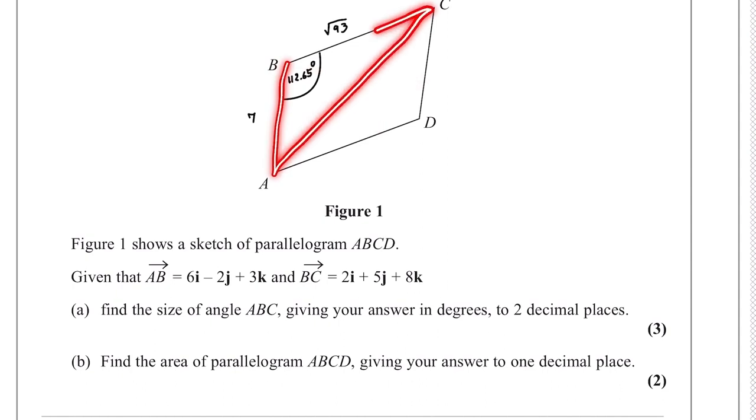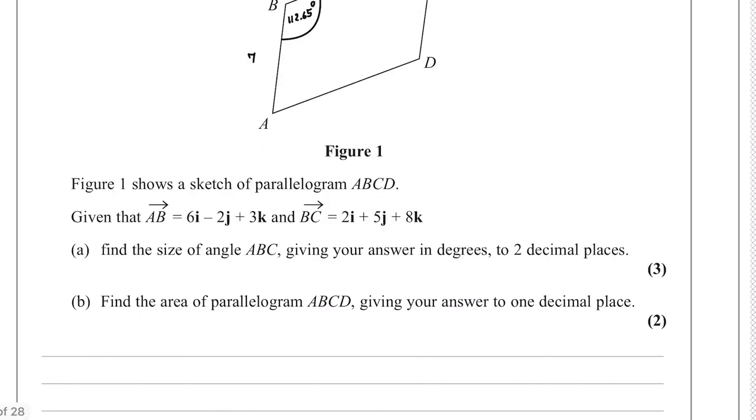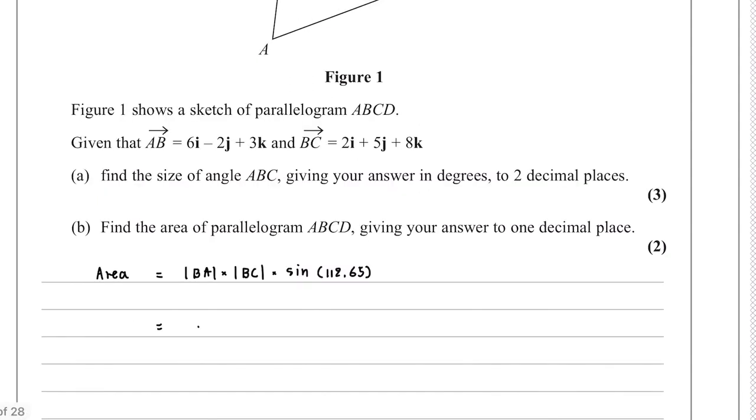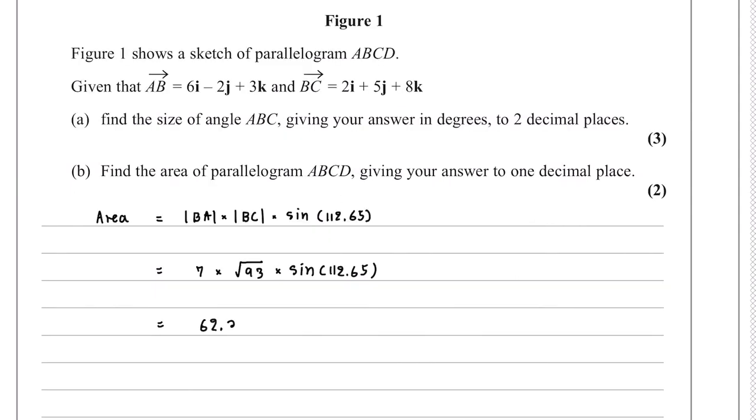For this triangle, we can just use 1/2 ab sine C. But since we have 2 identical triangles, we can just use ab sine C. So the area will be the magnitude of BA times the magnitude of BC times sine 112.65 degrees, which is 7 times square root 93 times sine 112.65, which is 62.3 square units.